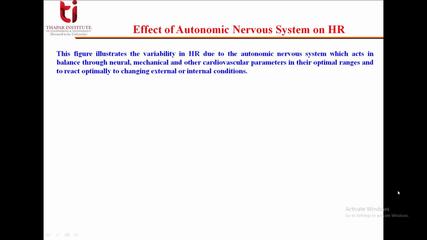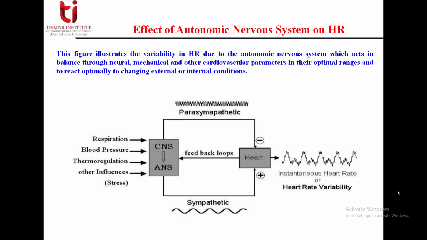Now, we'll see the effect of this autonomic nervous system on heart rate in terms of this figure. This figure illustrates the variability in heart rate due to the autonomic nervous system, which acts in balance through neural, mechanical, and other cardiovascular parameters in their optimal state, and reacts optimally to changing external or internal conditions.